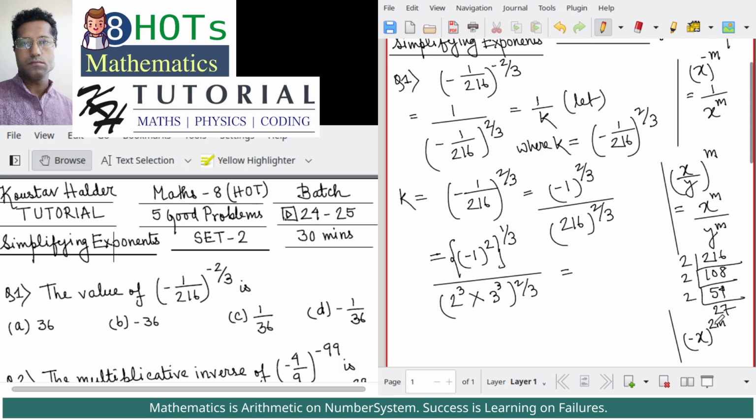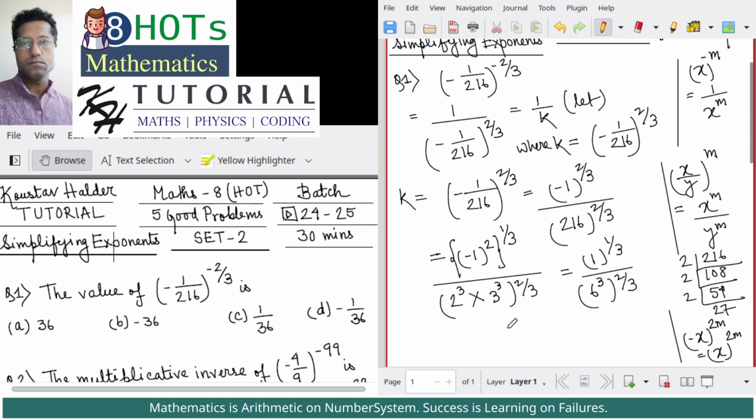So in that case, (-x) raised to the power 2m will be equal to x raised to the power 2m. That is the reason (-1) raised to the power 2 is 1, and we have 1 raised to the power 1/3 divided by 2 cube multiplied by 3 cube, which can be merged together as 6 cube. We have (6 cube) to the power 2/3.